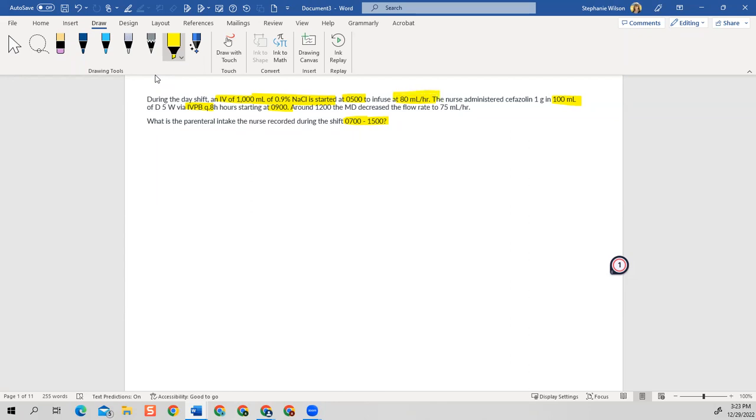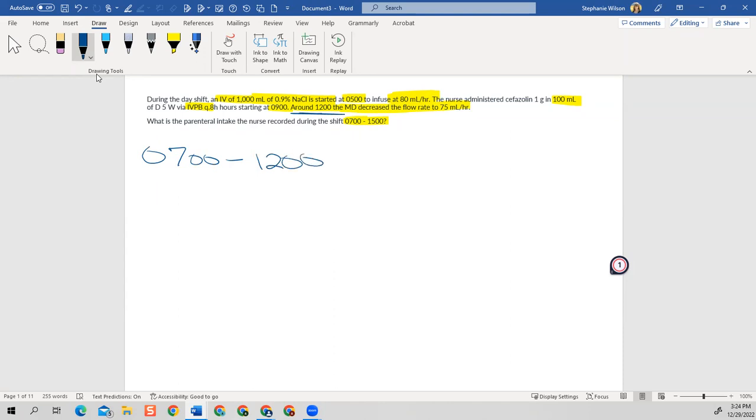Let's do this infusion flow rate right quick. The last sentence says around 1200, the doctor decreased the flow rate to 75 milliliters. All right, so we've got enough information. The shift started at 0700, and we know that at 1200 the flow rate changed.